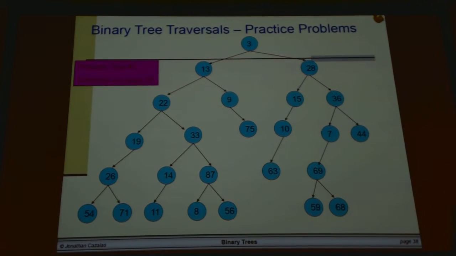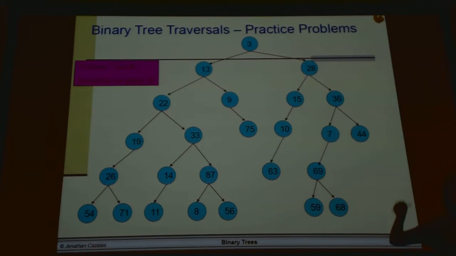So pre-order implies depth first. We need to keep searching our binary tree all the way down until we find a leaf, correct?